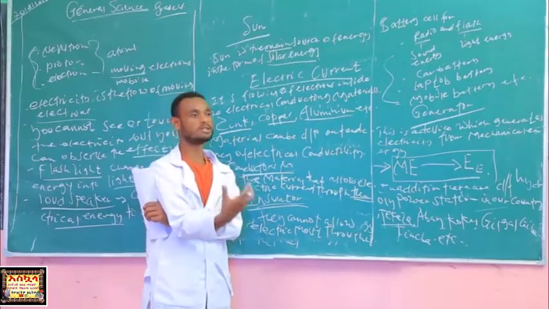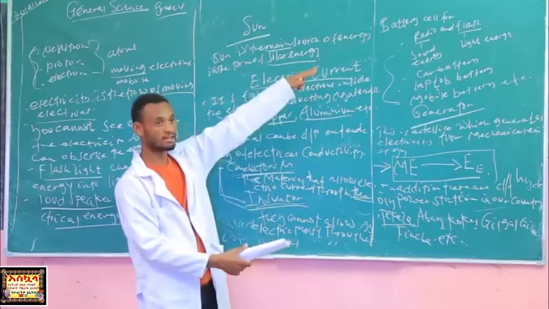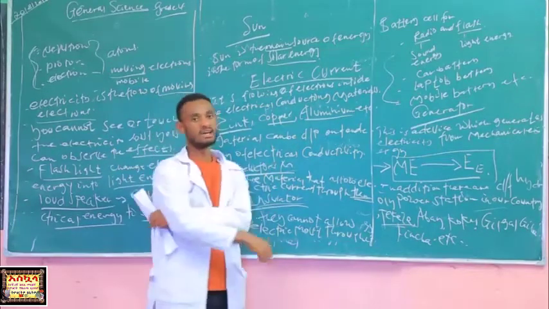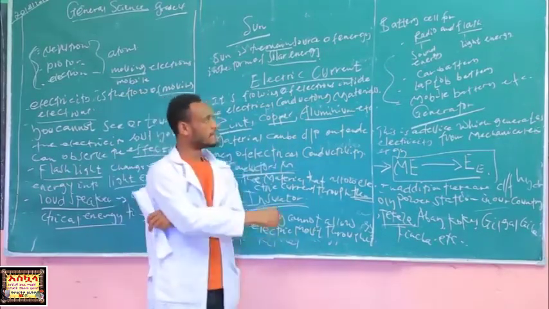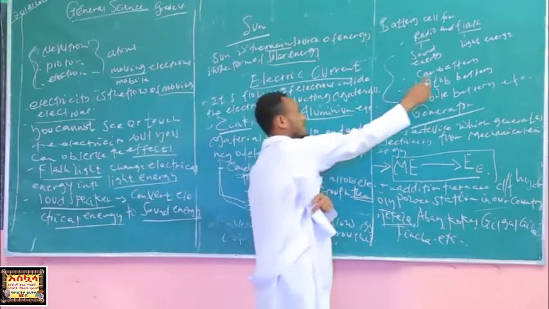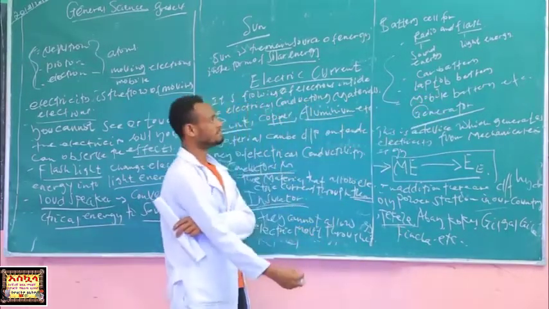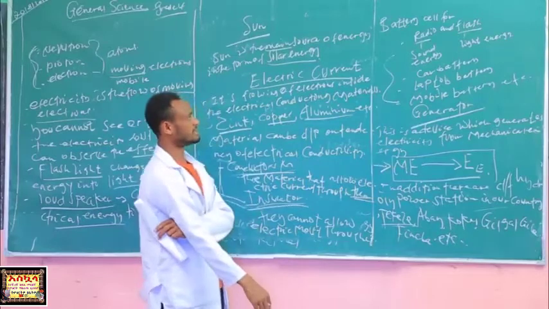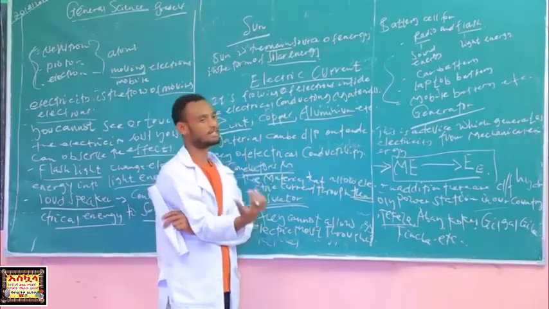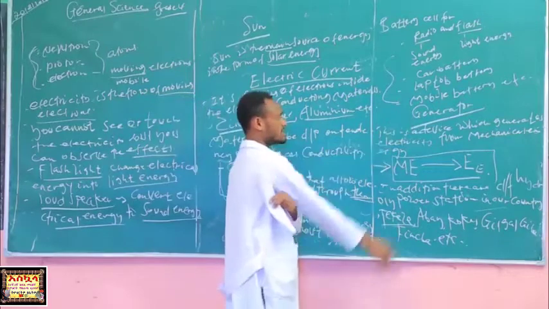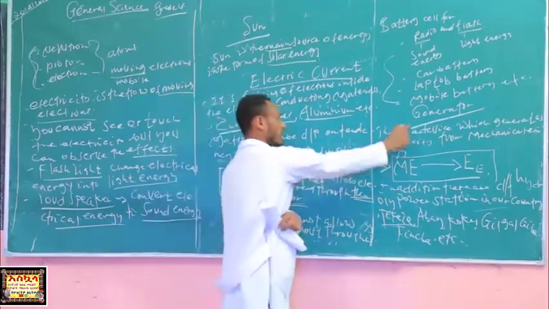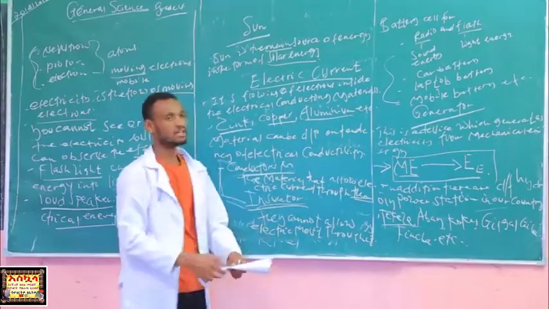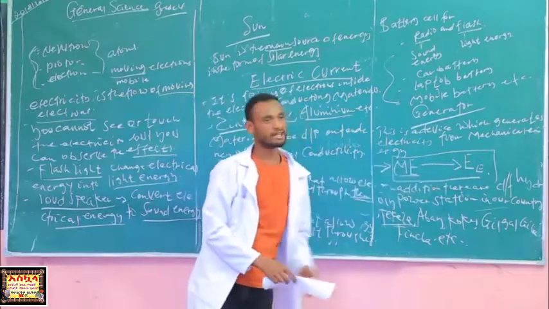This chemical energy can be converted into light energy, for example in a flash, and sound energy in a radio, and in a car battery, laptops, and mobile battery. When you take the generator, it changes mechanical energy into electrical energy.